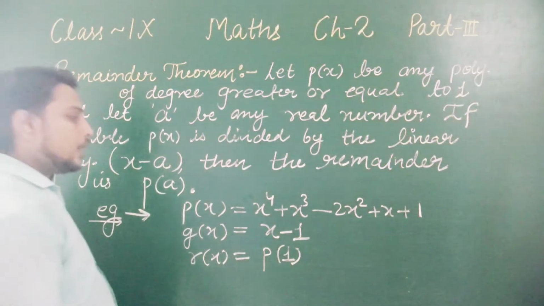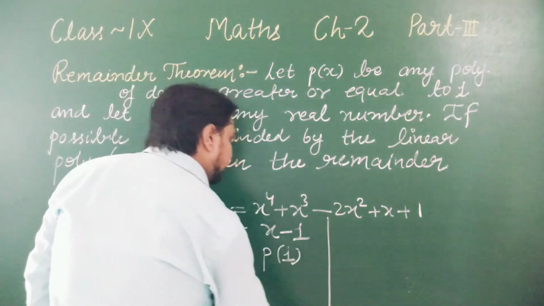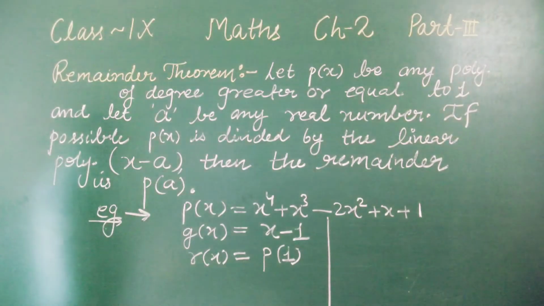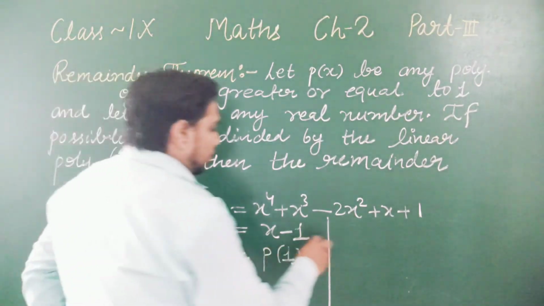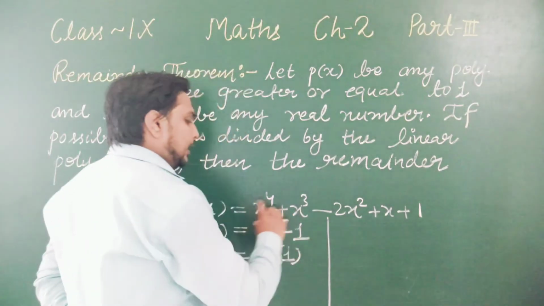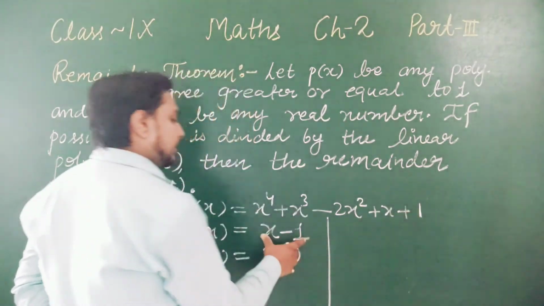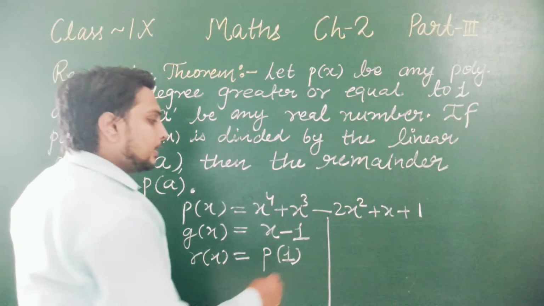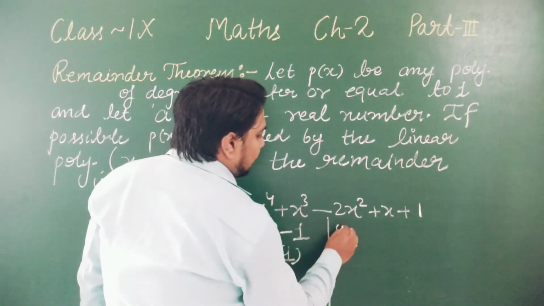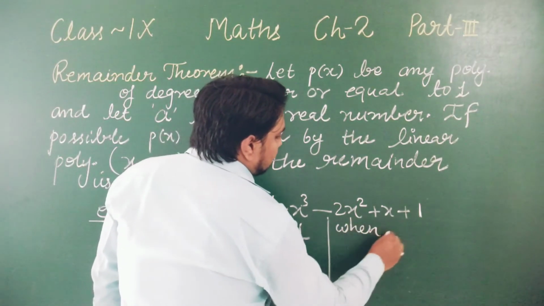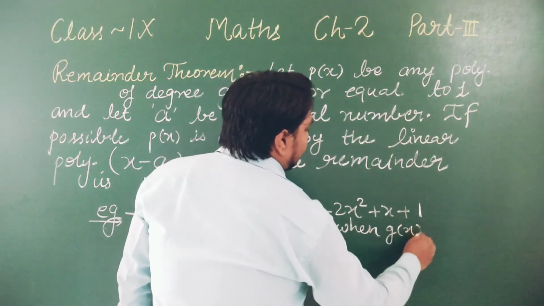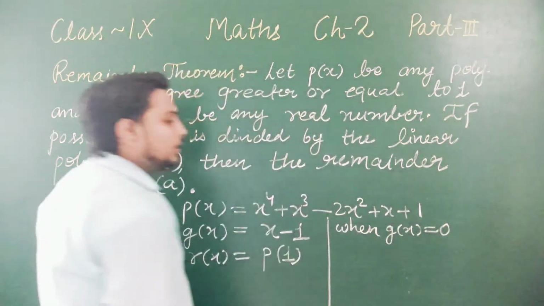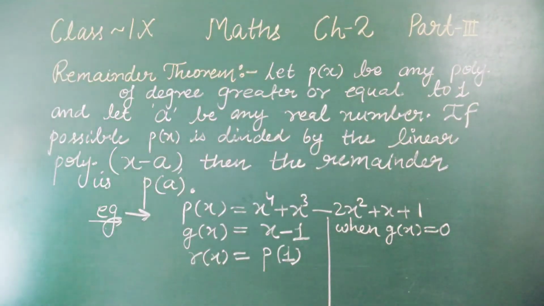Now let us talk about how it came. Whenever a polynomial and a divisor are given and we need to find only the remainder, first you make the divisor equal to 0.